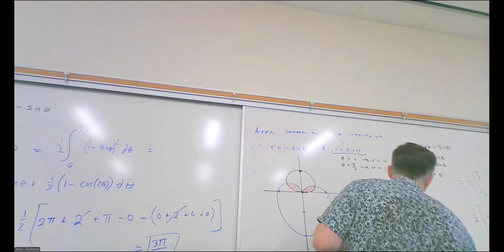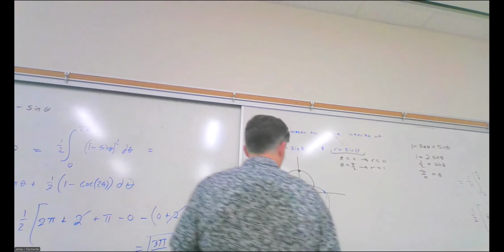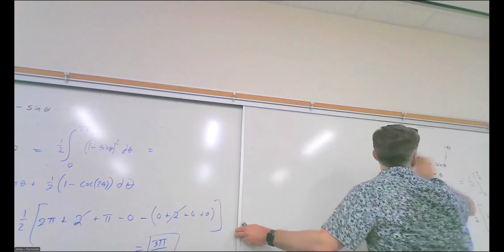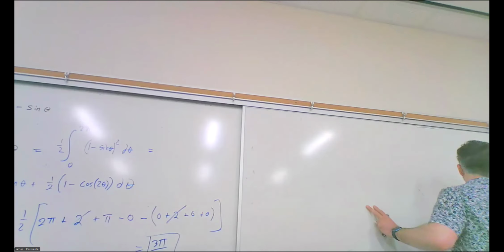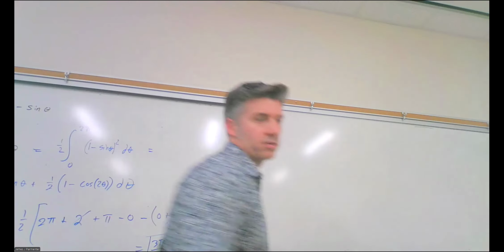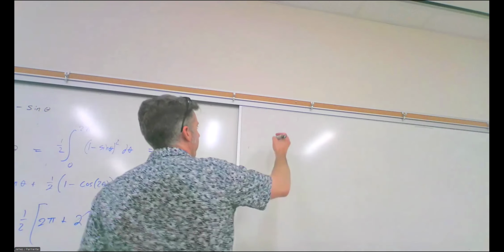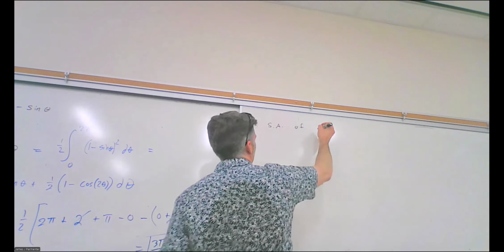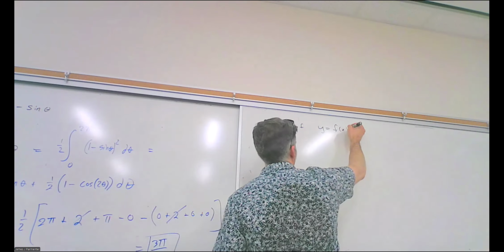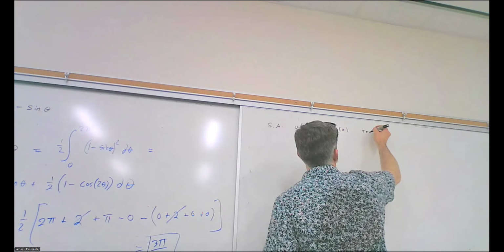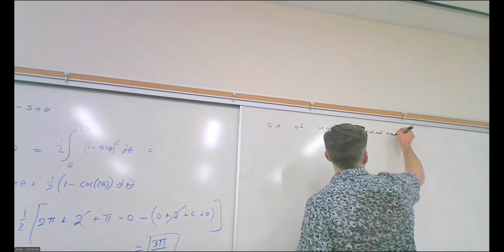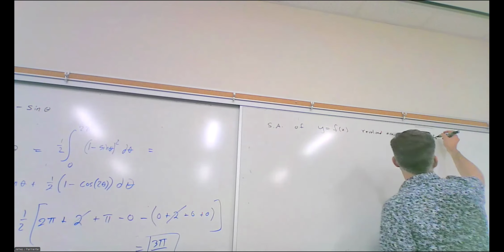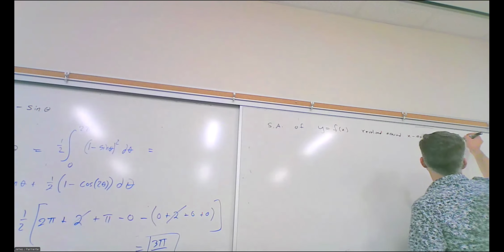So let's speak generally for a second, and then I'll give you an example. Let's say we want to find the surface area of y equal to some function of x, revolved around the x-axis, for x between a and b.